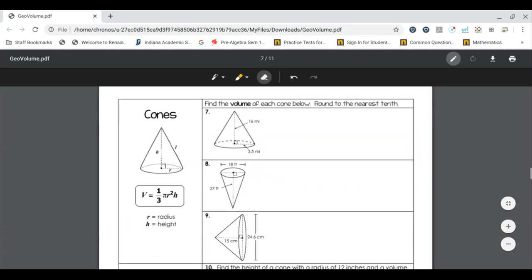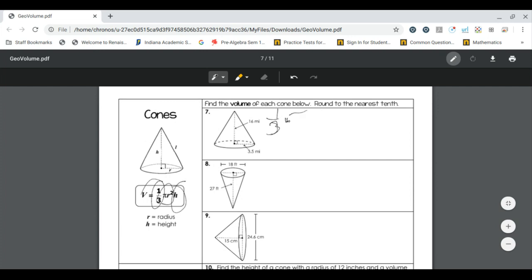Cones. Oof, you thought you were done, but you're not. Cones. Again, you're going to take 1/3. You have a circle and you have a height. So we have a lot going on with a cone. So let's look at number 7. So 1/3. Now pi. Oops, this is 1/3.